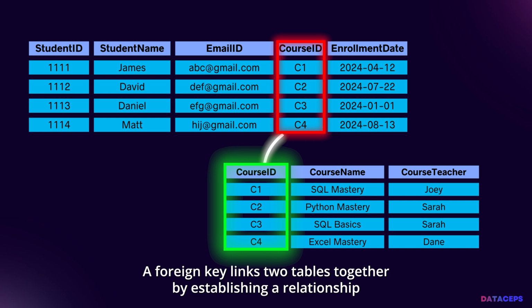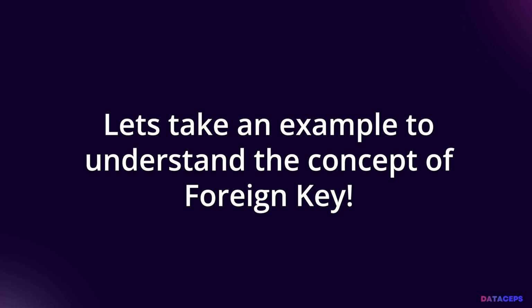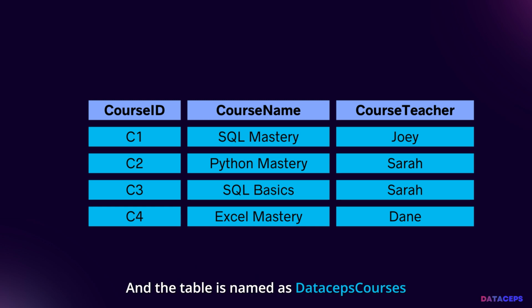Foreign key. A foreign key links two tables together by establishing a relationship between them. It essentially indicates that this row in Table A is related to another row in Table B. Let's take an example to understand the concept of foreign key. If we have another table that stores the data of courses created by DataSEP's team members, and the table is named DataSEP's courses.